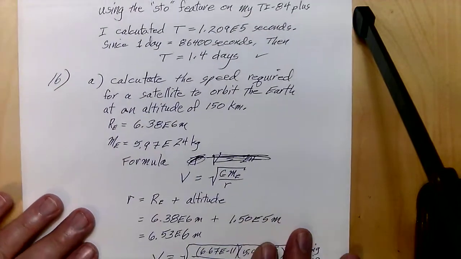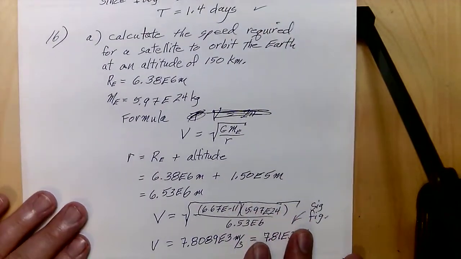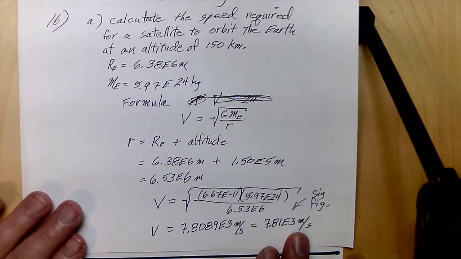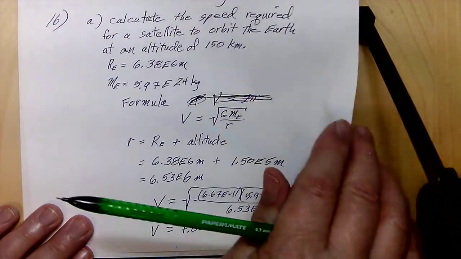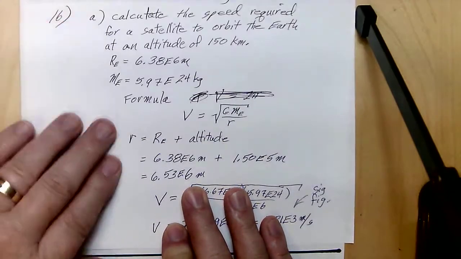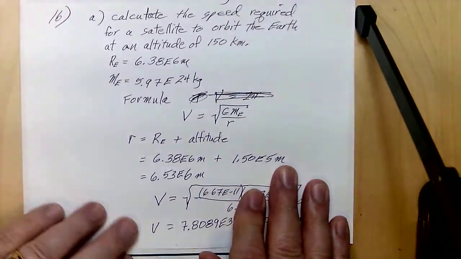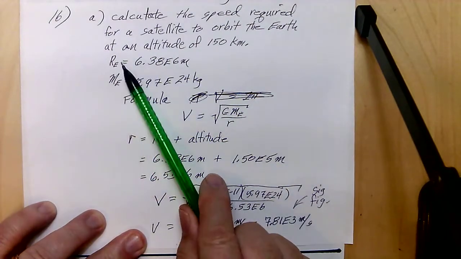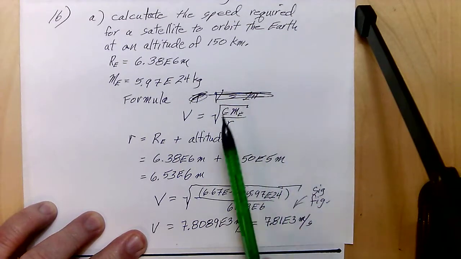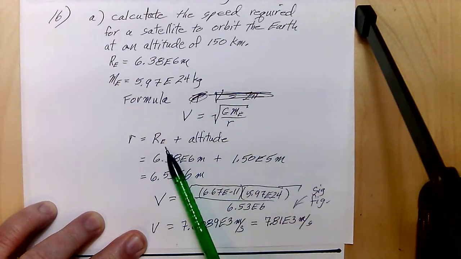Number 16, calculate the speed required for a satellite to orbit the Earth at an altitude of 150 kilometers. Okay, let's see. If the radius of the Earth is 6.38 E6 meters, then I have to add that altitude.